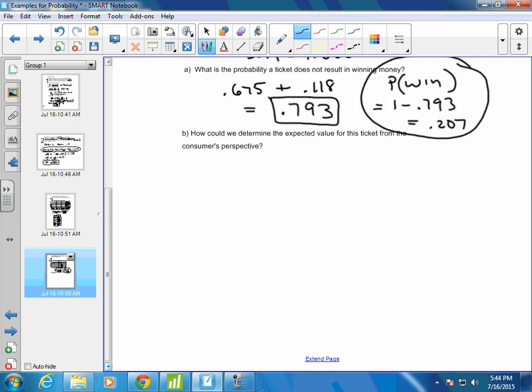All right, part B, how can we determine the expected value for this ticket from the consumer's perspective? All right, expected value is a kind of popular idea in a probability class. Expected value is found by summation sign, which means just add them all up. Adding up all of the values times the probability.